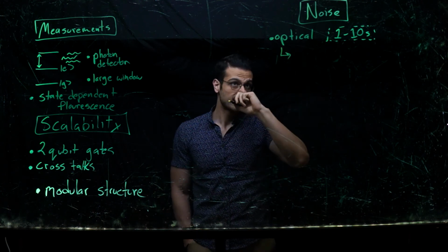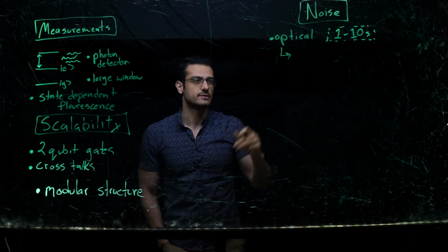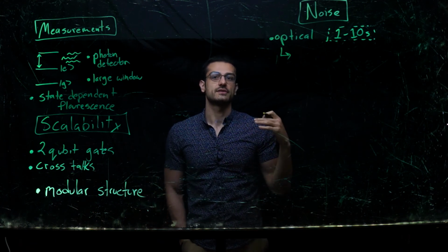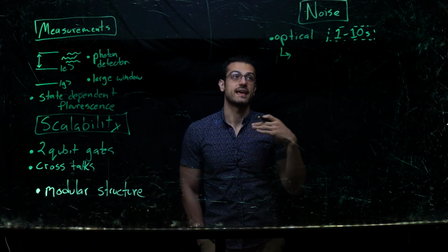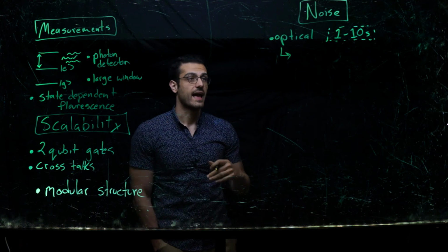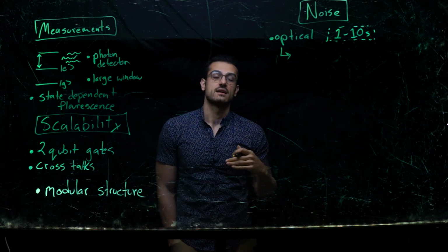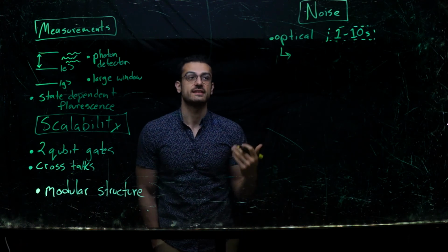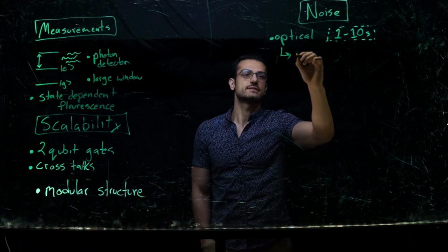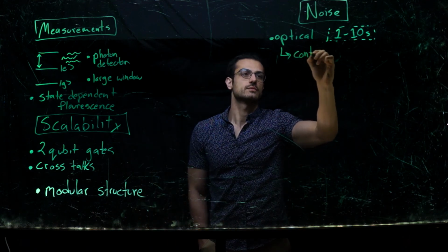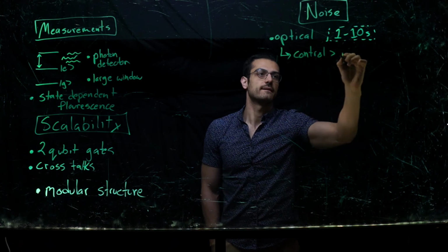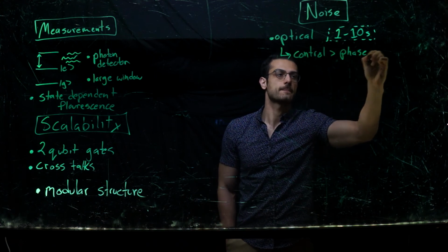One is that, as mentioned before, optical qubits need to implement gates quickly. And when you're doing these fast gates, small phase fluctuations have a significant impact. So from control, you get significant phase errors.